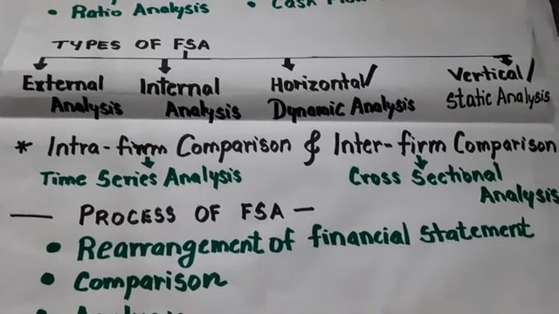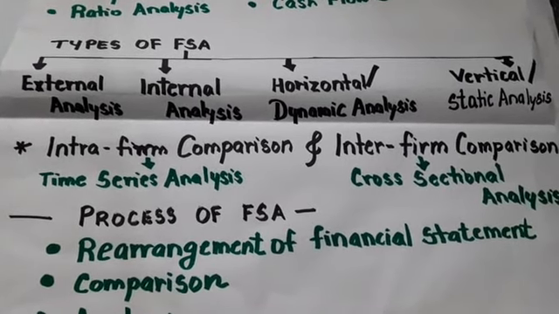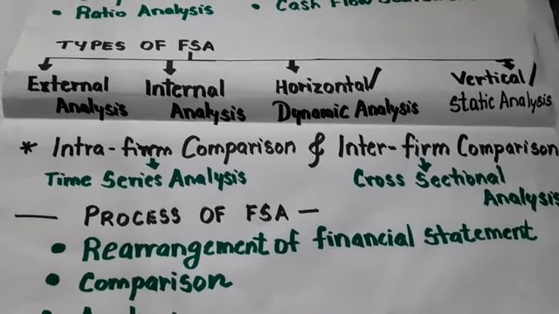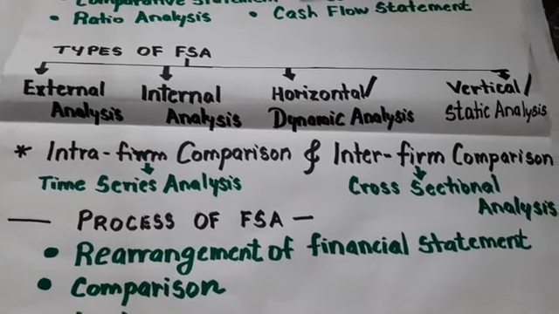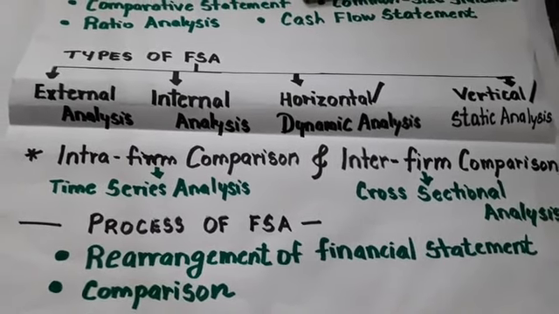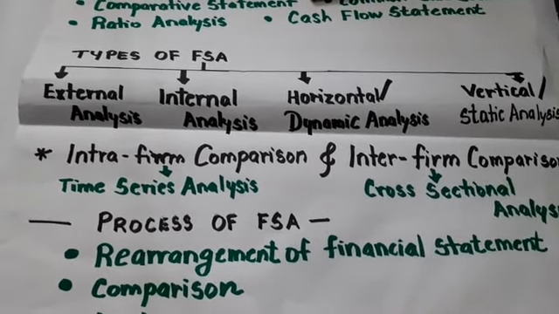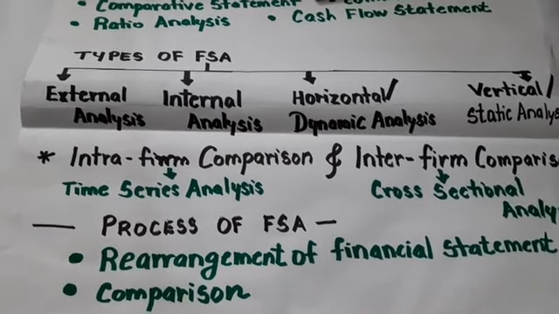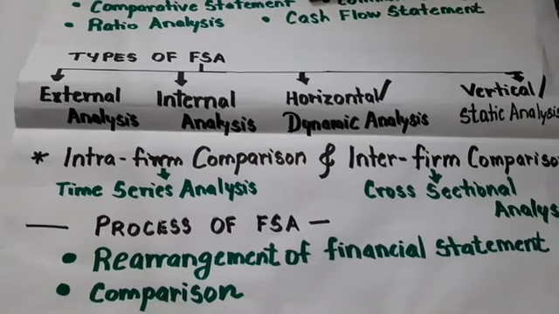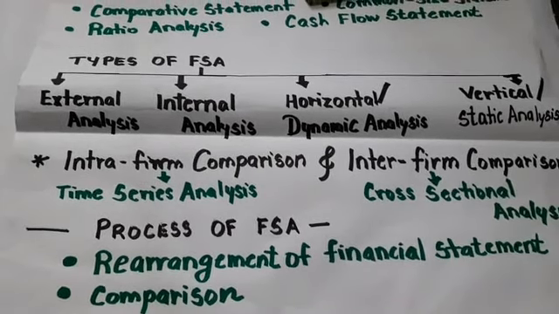There are mainly 4 types of analysis: external analysis, internal analysis, horizontal otherwise dynamic analysis, vertical which is also known as static analysis. External analysis is conducted by the external users. From the last class, you know what is the external users. Who are the external users?